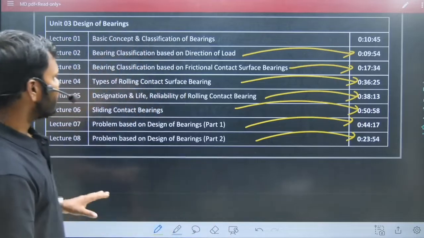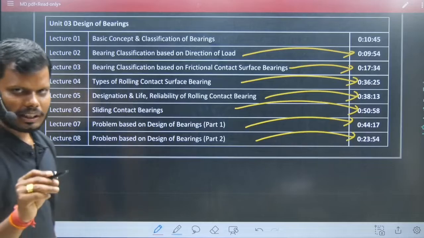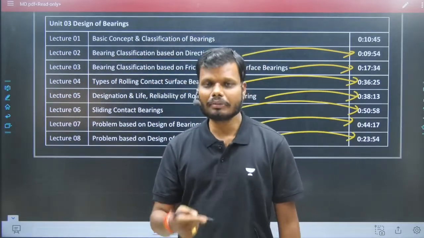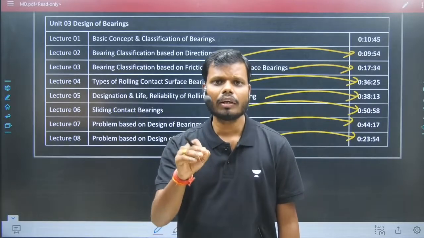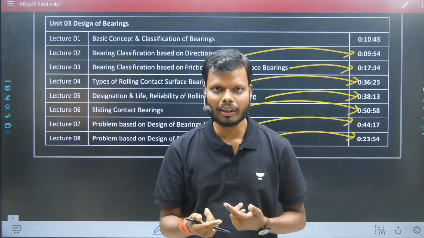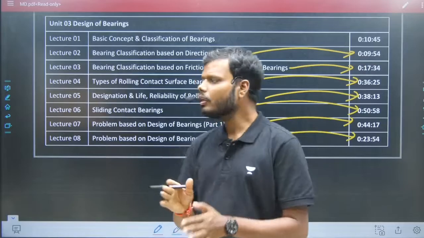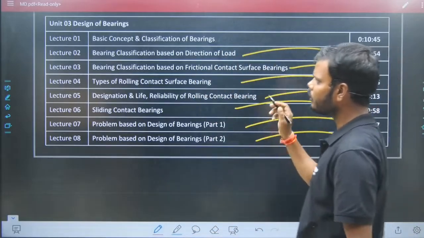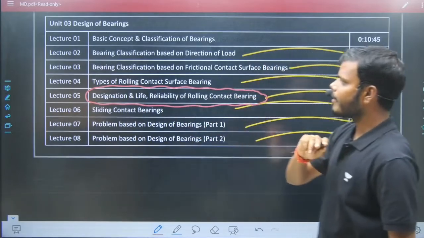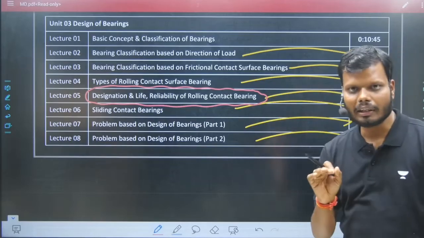In unit 3, according to the GATE examination, life of bearing, like rolling contact bearing, is very important. In rolling contact bearing, life of bearing, number of revolutions related to life of bearing, and reliability of bearing are important. Clear that point? So finally we can say designation and life reliability of rolling contact bearing is very important.